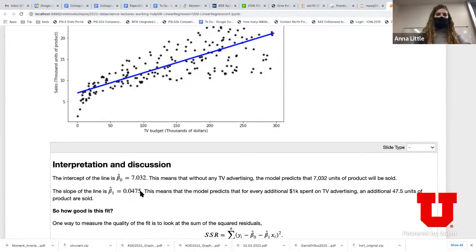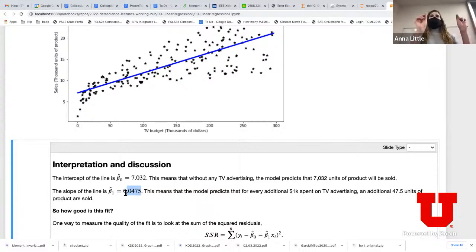Okay, and the slope is 0.04. So how do you interpret these slopes? The slope is telling you, if I increase X by 1 unit, what change do I expect to see in Y? So here, if I increase spending for TV by $1,000, what's the change I expect to see in Y?